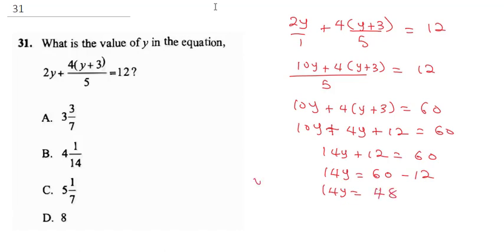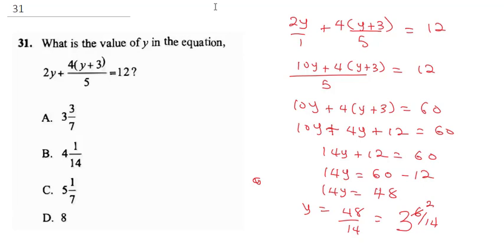Therefore our y is going to be 48 divided by 14. Now how many 14s are in 48? I think that's 42, and that will be 3 whole number. So we'll have 6 over 14. Now 6 divided by 2 is 3.